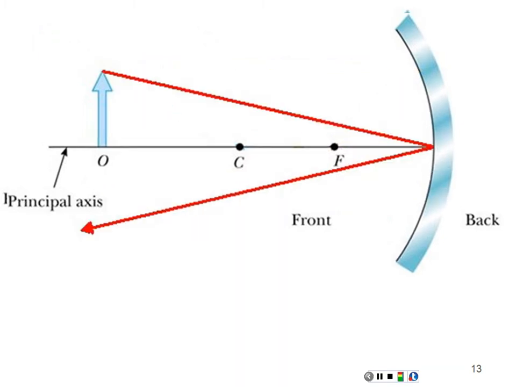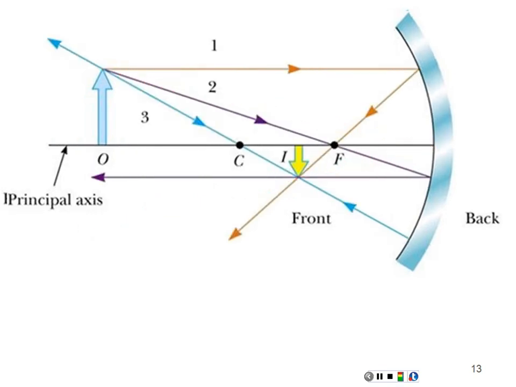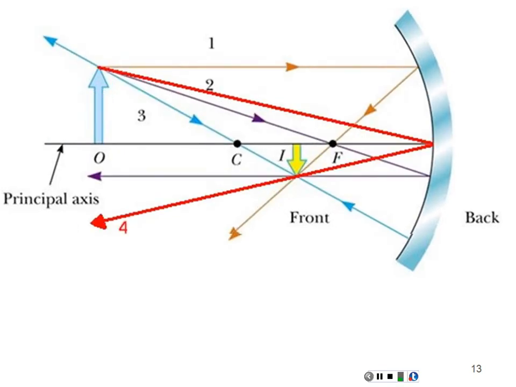If I put a ray right through the vertex of the mirror, which is right at the principal axis, angle of incidence will equal angle of reflection coming out. And that's a 4th one that could be used with these other 3 rays, and it too converges right at that tip. So any one of these 4 rays, or any ray going into that mirror from that tip, will converge on that point, only these are the 4 easiest ones to use because their reflection is predictable.